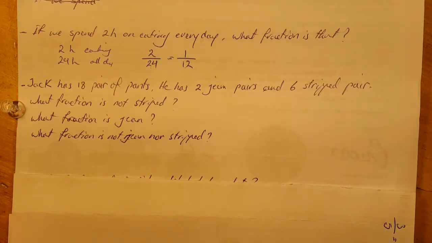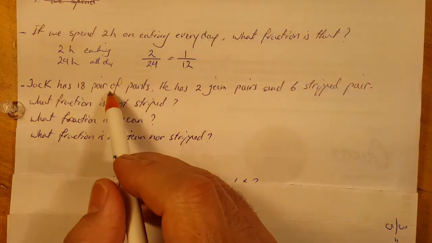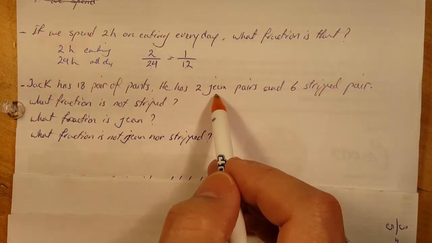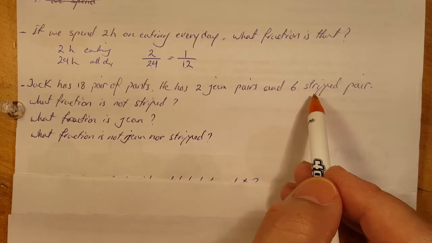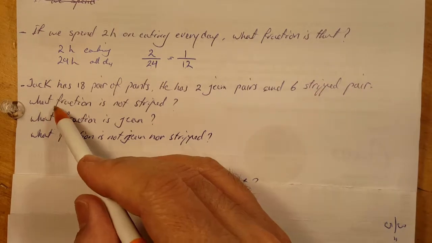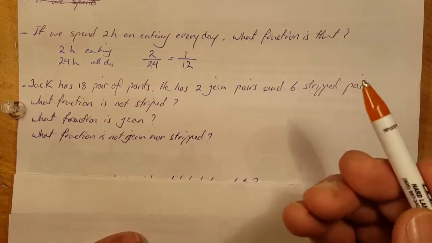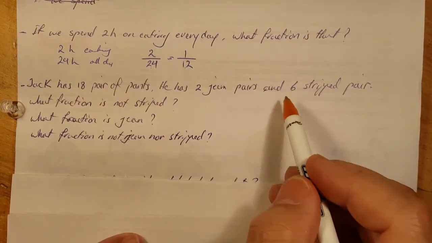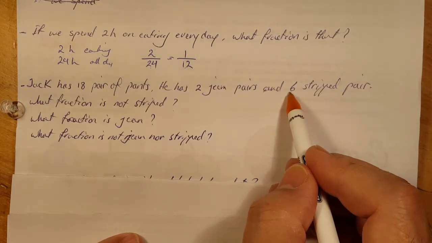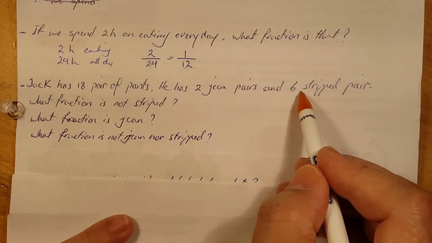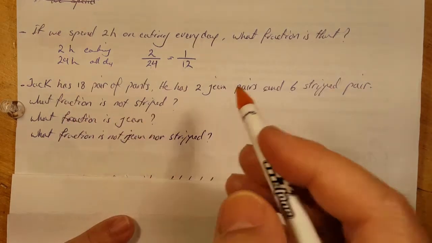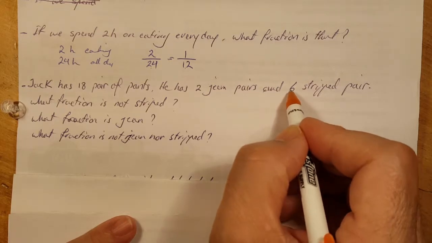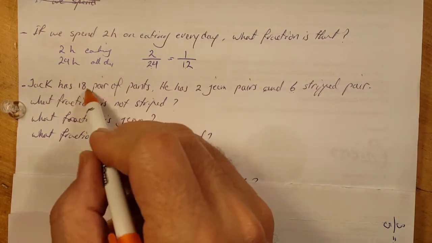Jack has 18 pairs of pants. He has 2 jeans, 2 jean pairs and 6 stripe pairs. What fraction is not a stripe? Okay. He has 18 pairs in total. 6 pairs are stripes. So what fraction is not a stripe? 6 is stripe, the total is 18.